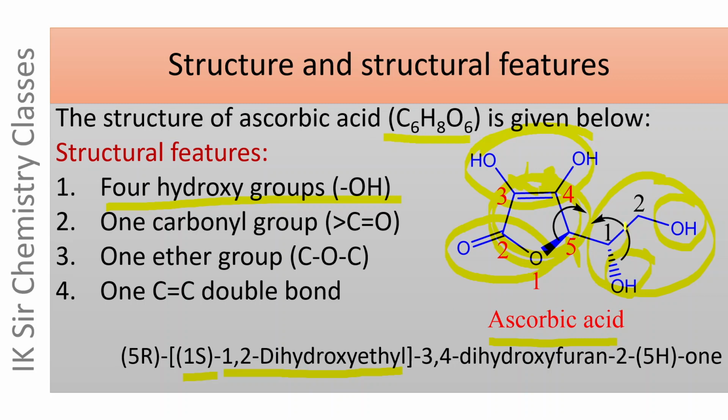This is S configuration around carbon number 1 and this group is attached to furan at position number 5, and there is R configuration at position number 5 and hence it is 5R.